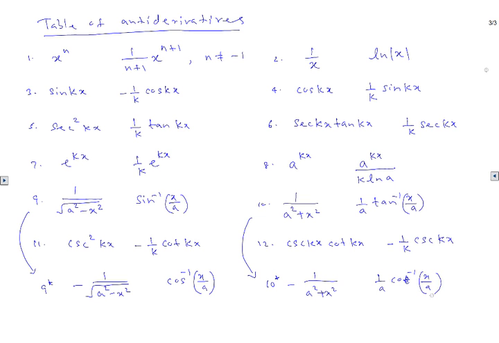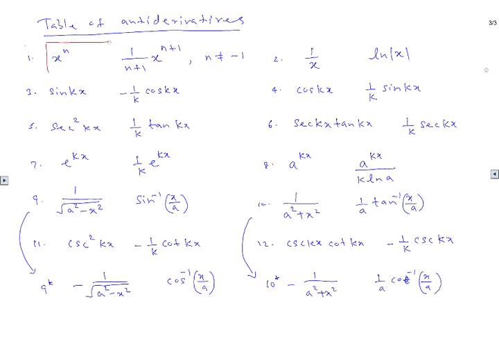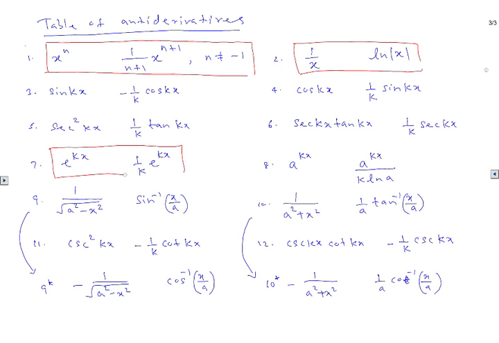Okay, good. Just for the moment we can use this list to do a few more examples. So let's see what we can do with this. Here are the most important ones. I'm going to put a box around each.